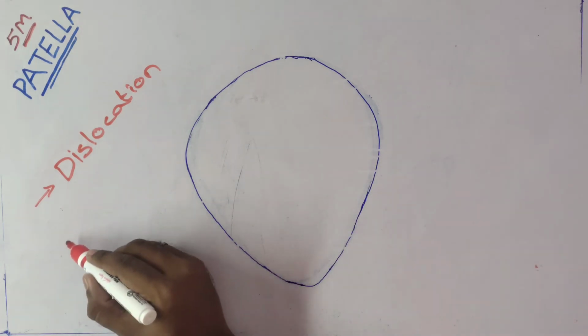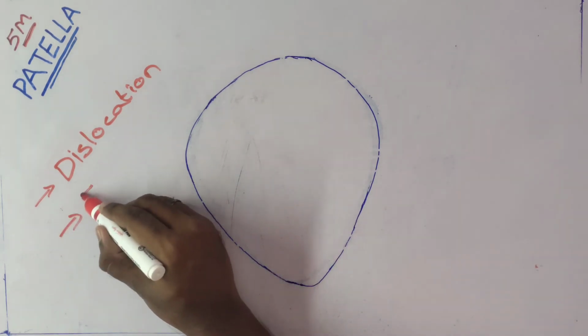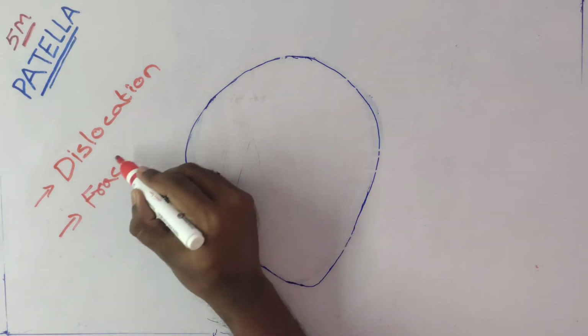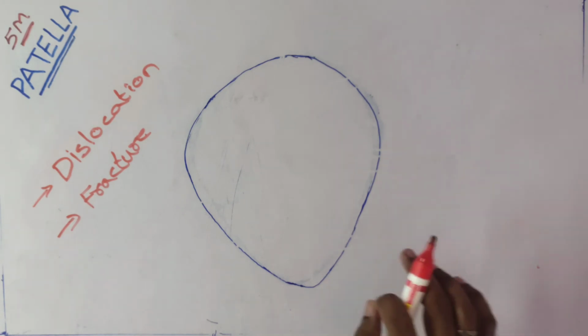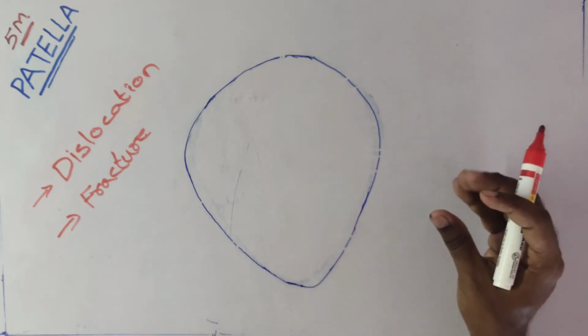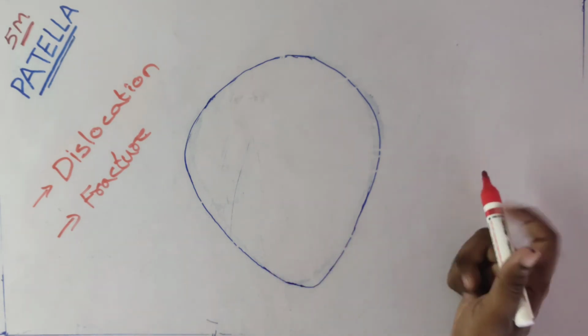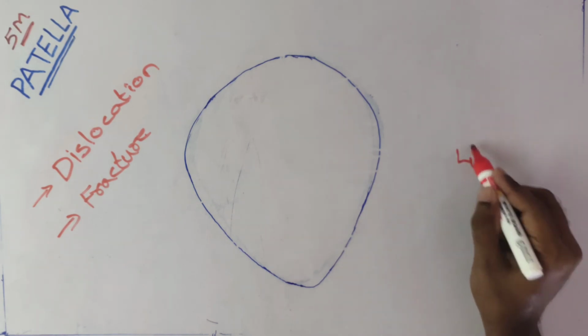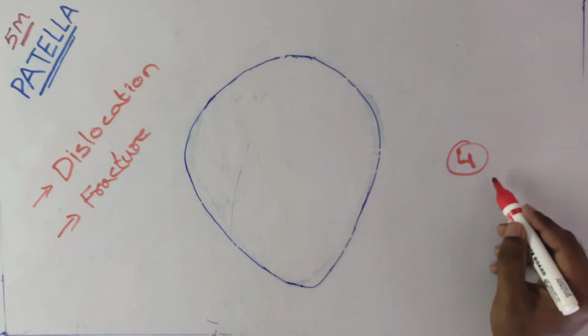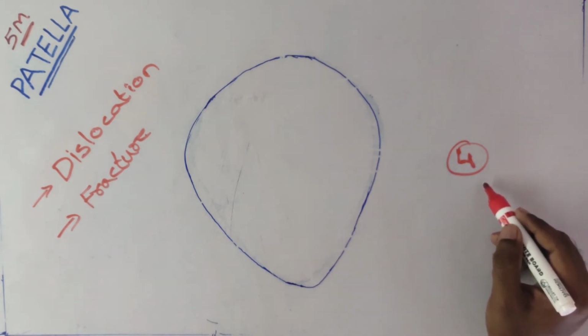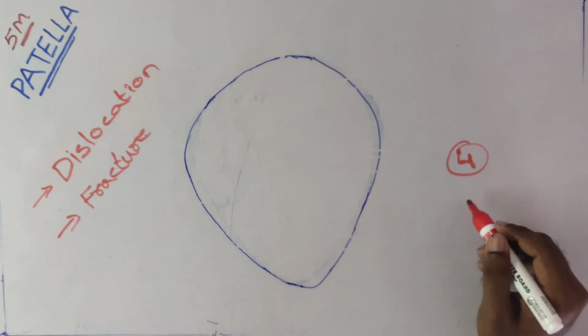Next point is fracture of the patella bone. Next, during sudden severe contraction of the quadriceps, that means the 4 quadriceps muscles, the tibial tuberosity may get avulsed.